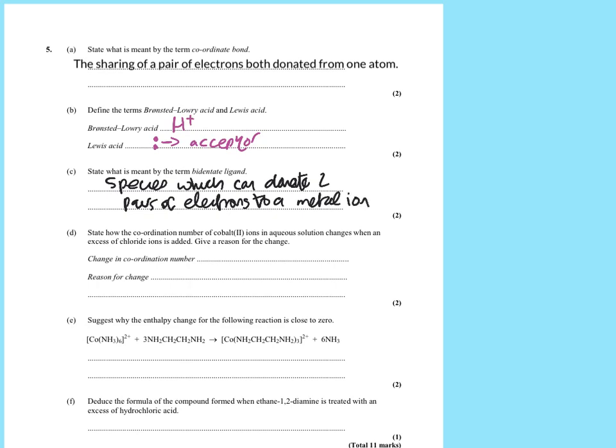State how the coordination number of cobalt-2 ions in an aqueous solution changes when an excess of chloride ions is added. Let's just remind ourselves from the last question. We have Co(H2O)6 2+ as the cobalt species in water, but when we add chloride ions, the coordination number changes from 6 to 4 as we form the blue CoCl4 2-, and the 6 water molecules are substituted.